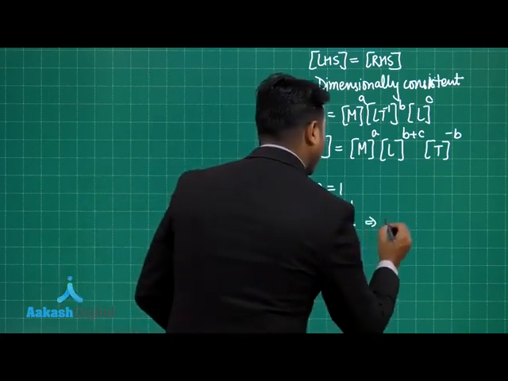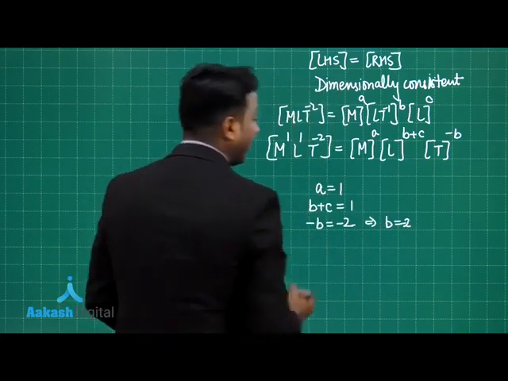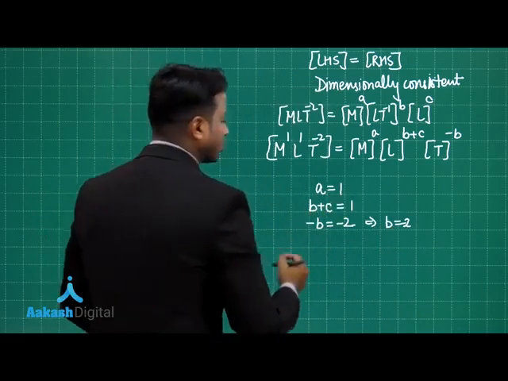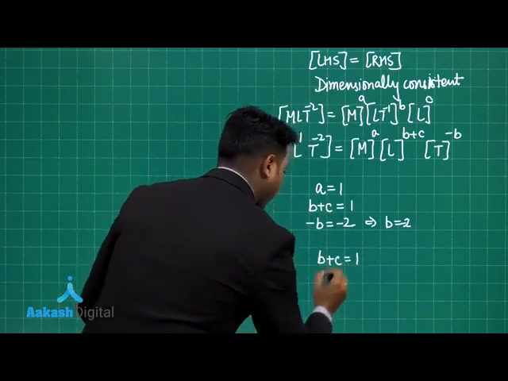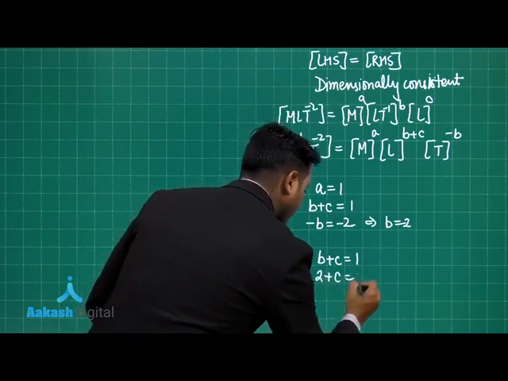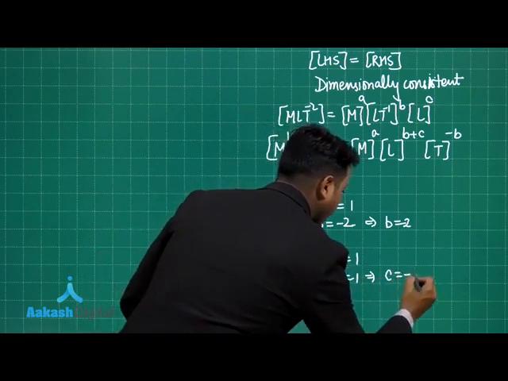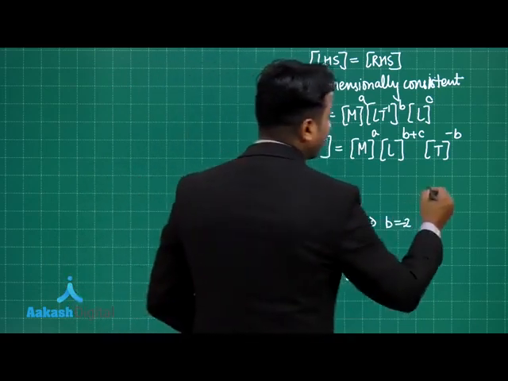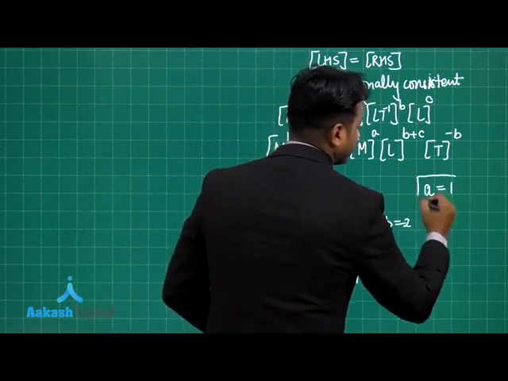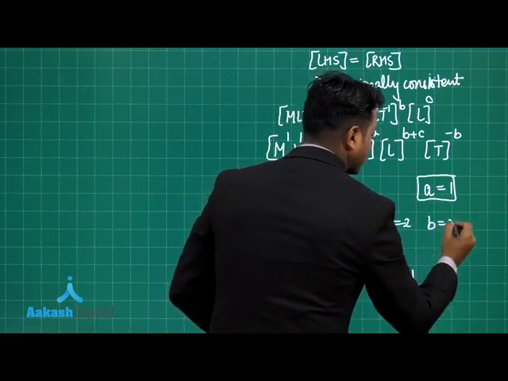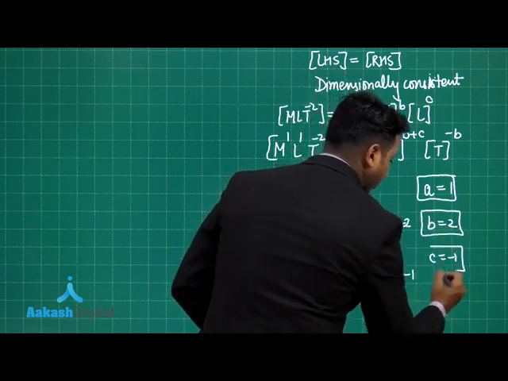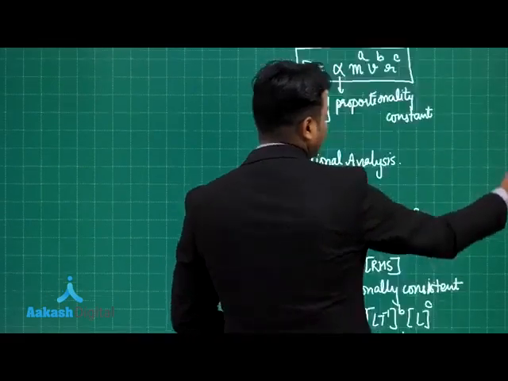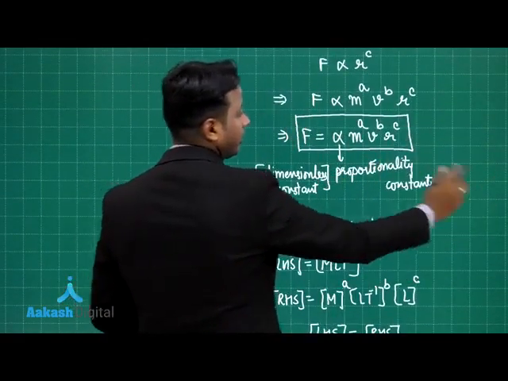So from this I get b as 2 and a as 1, and I can substitute. b plus c is 1, b is 2, so 2 plus c is 1 gives me c as minus 1. Ultimately I have got a as 1, b as 2 and c as minus 1. Then I can go to the final formula.